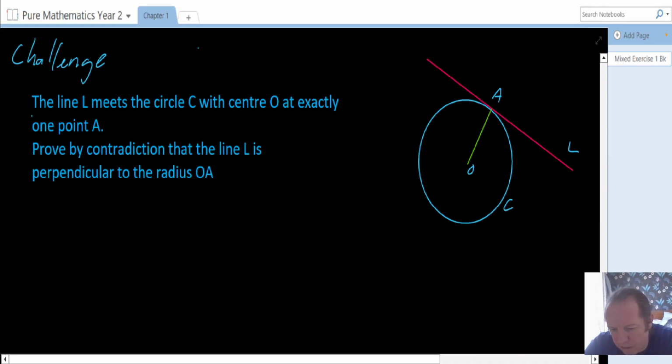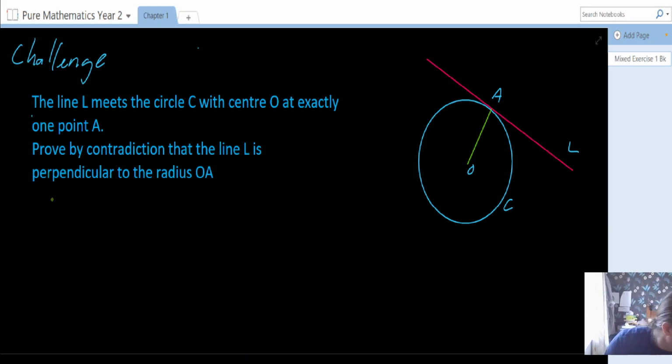Prove that it is. For contradiction, I am going to suppose, let's assume the opposite is true. So let's assume L is not perpendicular.